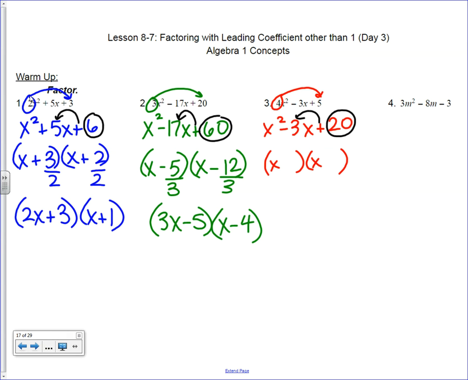What are some factors of 20? Those don't add to 3, do they? Do those add to 3?